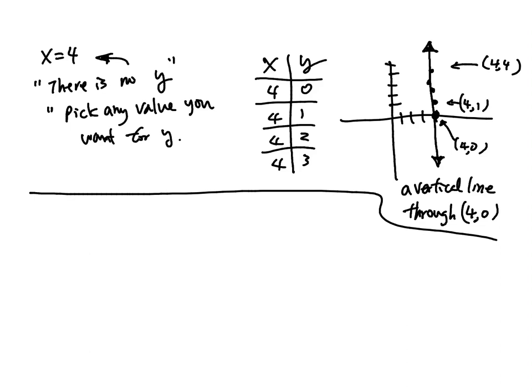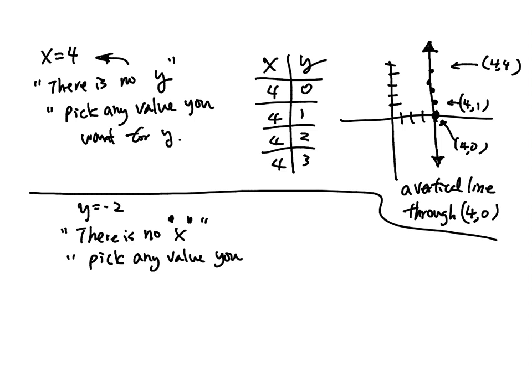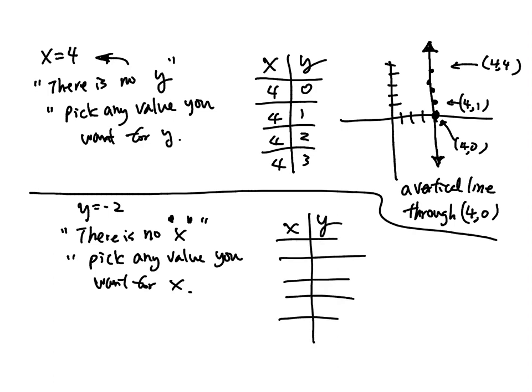We can do the same thing for part B, y equal -2. Right? There is no x. Which means pick any value you want for x. So if you make a table, I know y is always -2, doesn't matter where you go.